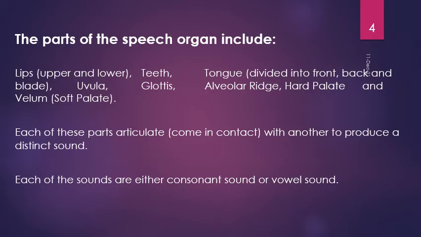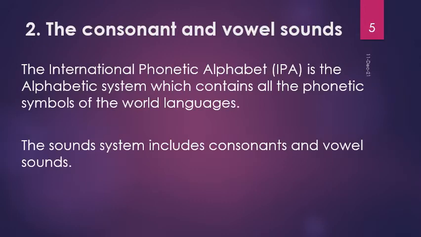Each of these parts articulate or come in contact with another to produce a distinct sound. Each of the sounds produced are either consonant sounds or vowel sounds. We are going to look at the consonant and the vowel sounds.